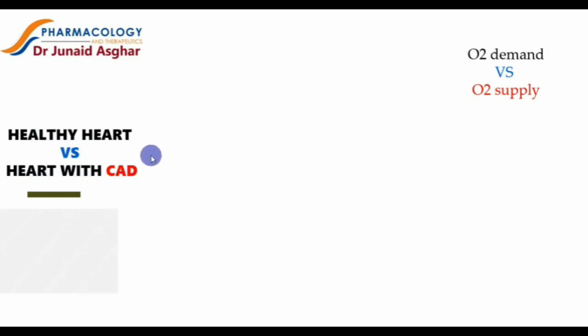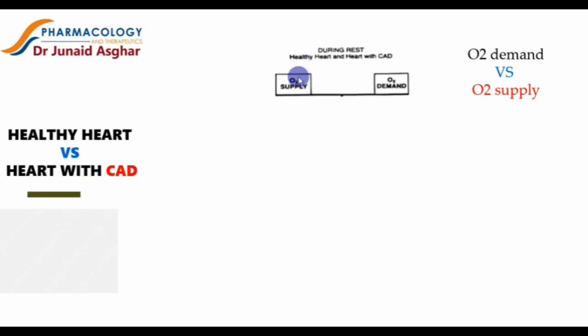So we are comparing a normal heart with a heart with CAD during rest, when there is an equilibrium between oxygen supply and oxygen demand.